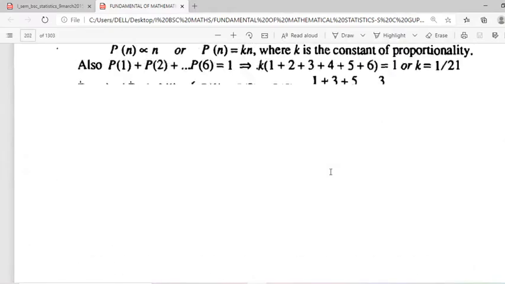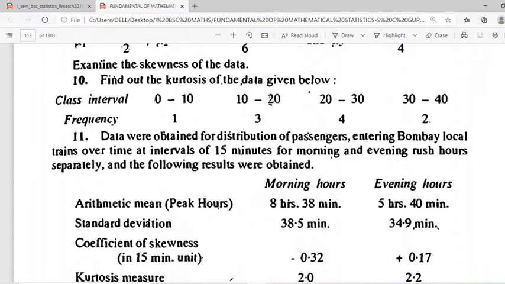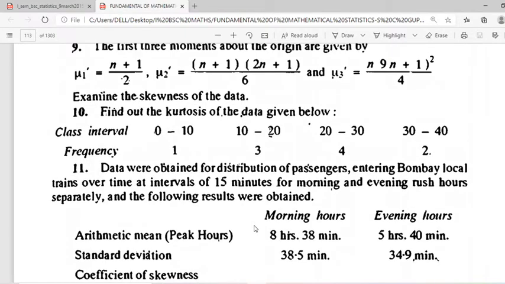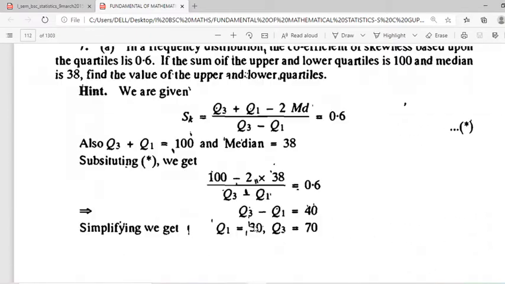This is the probability section, and the standard deviation section comes here.